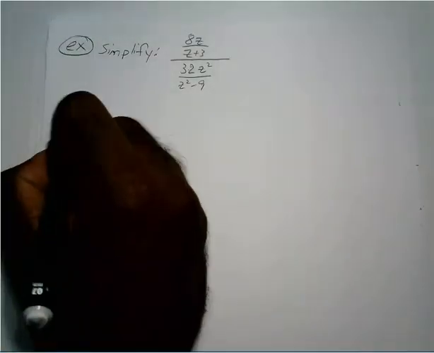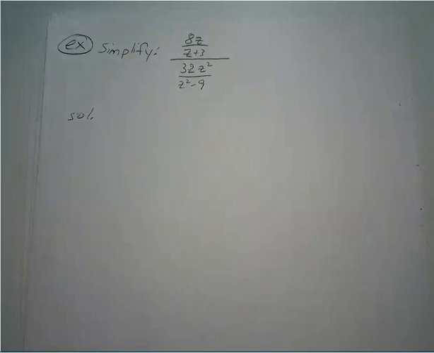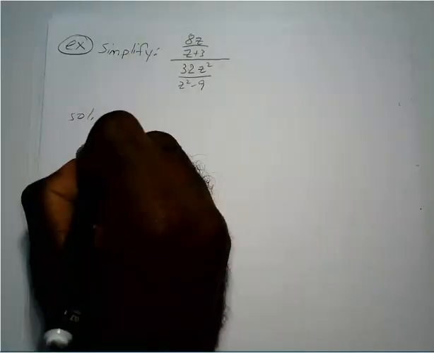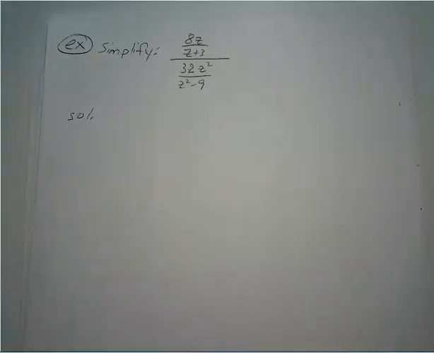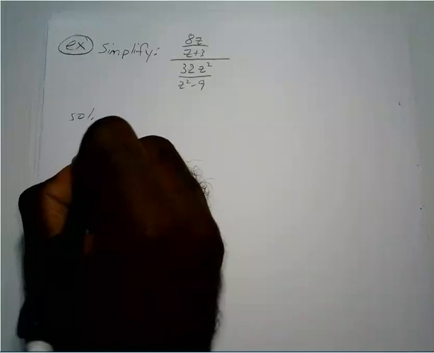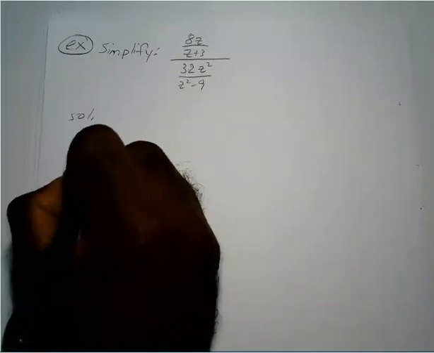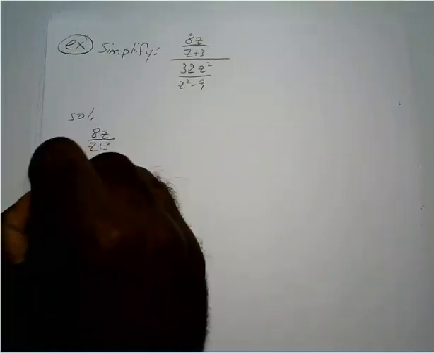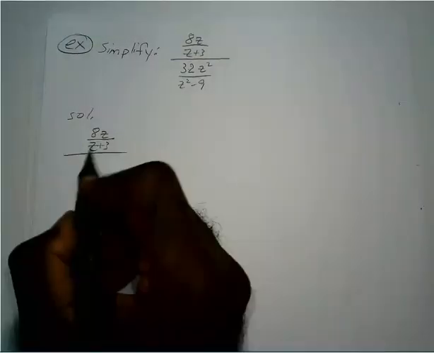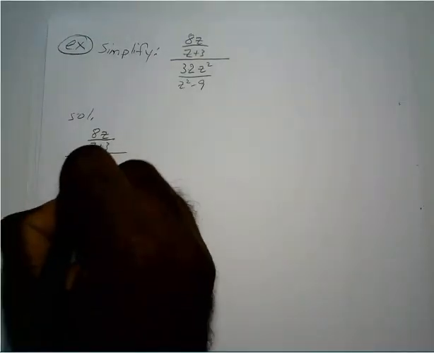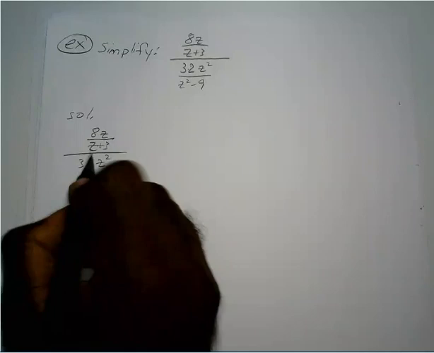Okay, so what we have here, and I'm just going to rewrite that problem. You have 8z over z plus 3, and that's divided by 32z squared over z squared minus 9.